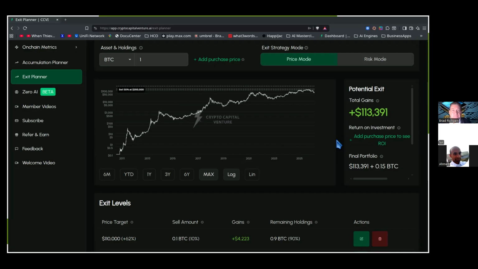Every time things really went bad, I would buy. And because of that, with Bitcoin and Ethereum, I've managed to drop my average price quite a bit.